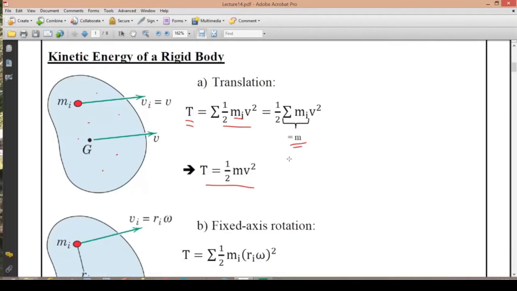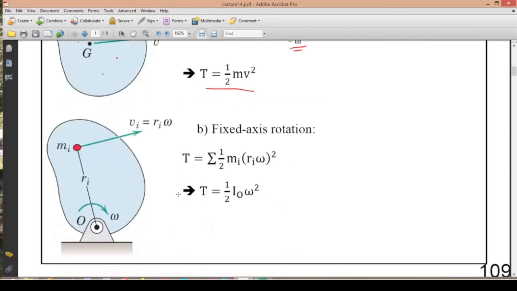Now, if we have a fixed axis rotation, then the velocity measured at any point will be dependent on the radius and the angular velocity. So if this is m_i, then let's say this is m_j, then this is r_j.